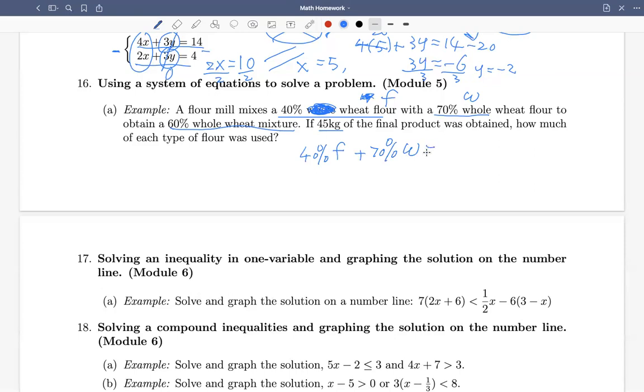To obtain 60% of the final product is how much? 45 kilogram. Okay, means F plus W is 45. In the end is 45. The mixture is 45 kilogram.